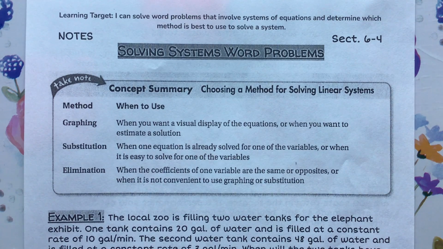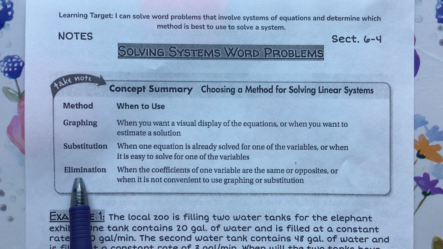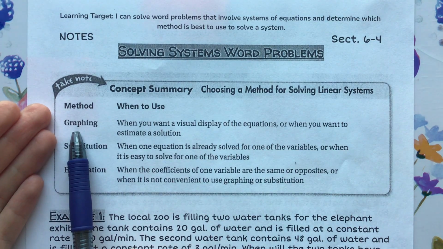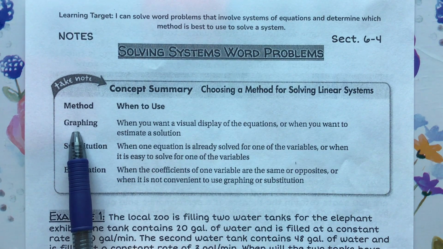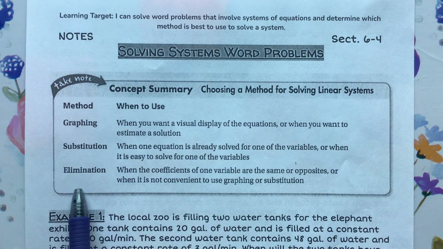So let's just review what our 3 methods are. We have graphing, substitution, and elimination. With graphing, this would be a good method if you need to visually see what's going on. It's an image of your 2 graphs. With substitution, this is going to be easier when one of your variables is already isolated, or if maybe your equations are quite simple and it's easy to isolate a variable.